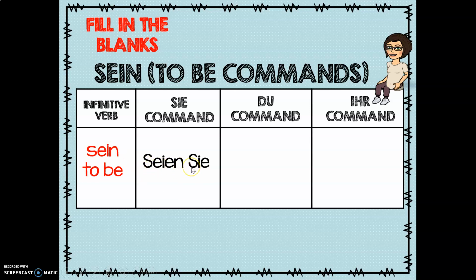Seien, seien Sie. Seien Sie nett, be nice. The du command is just the infinitive verb sein, drop the N. Sei nett, be nice. And the ihr command, so let's say I'm telling the whole class to be nice, would be seid. You just conjugate for ihr. Seid nett. And that's all there is to commands.